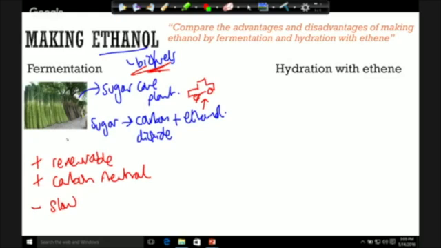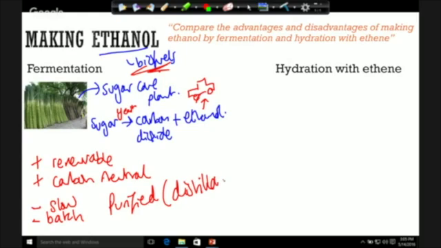Obviously, it takes time to grow all of this sugarcane, and it takes time for that yeast to break down the sugar into carbon dioxide and ethanol. It's also a batch process, which means it's a stop-start process. And after we've created this ethanol, because it might have plant material in it, it will also have to be purified, and they do that by a distillation process. We'll come across distillation in just a little while as well.